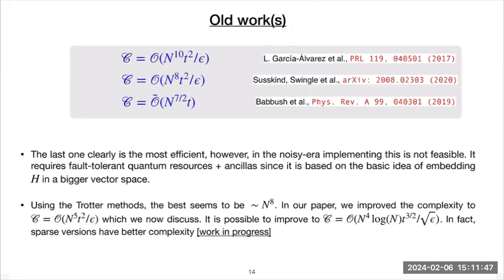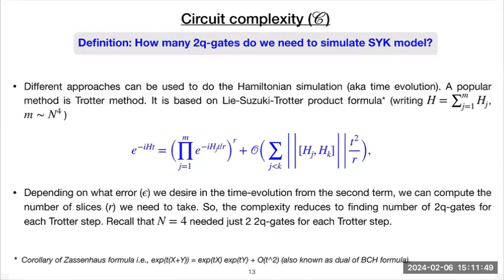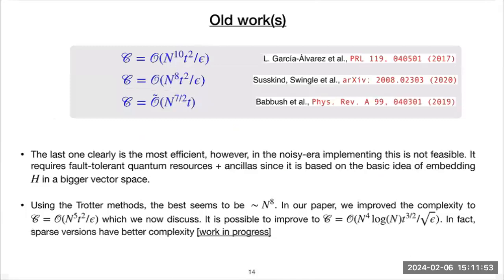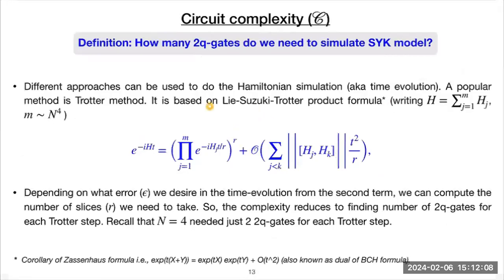The third uses some other method. But the problem with the third method is that it's not implementable on the quantum computers which we have right now. It's in fault-tolerant quantum computing, which is still several years away. So for our purposes, we want to use this method.